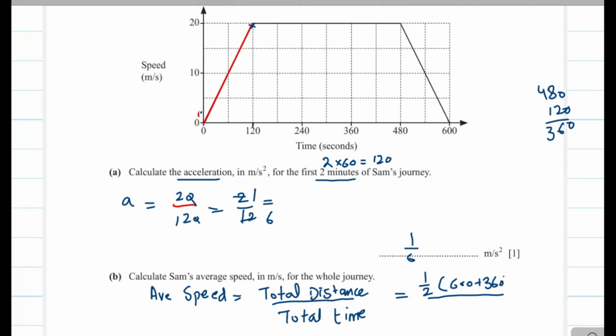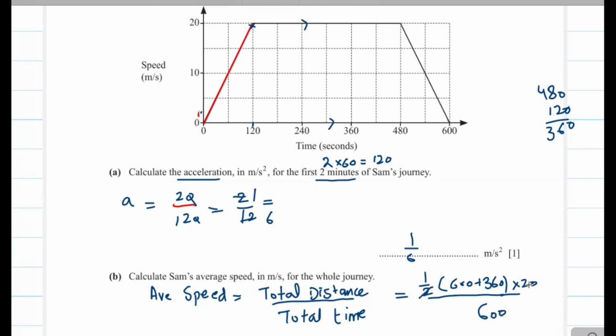Then it is multiplied by the height, which is the distance between these two parallel sides. This distance, you see here, is 20 units. The total time, you see here, is 600.